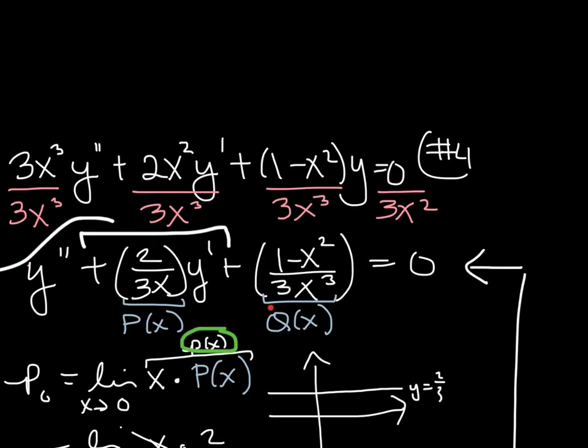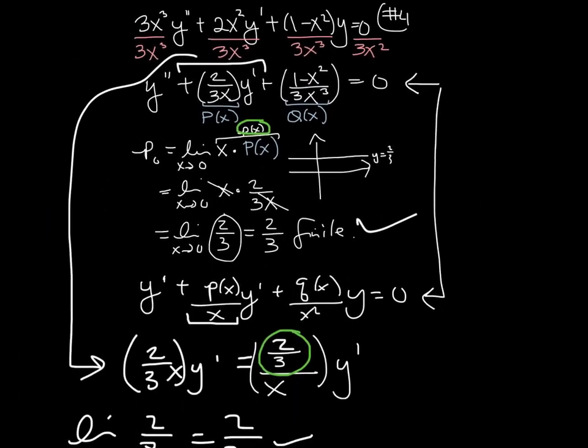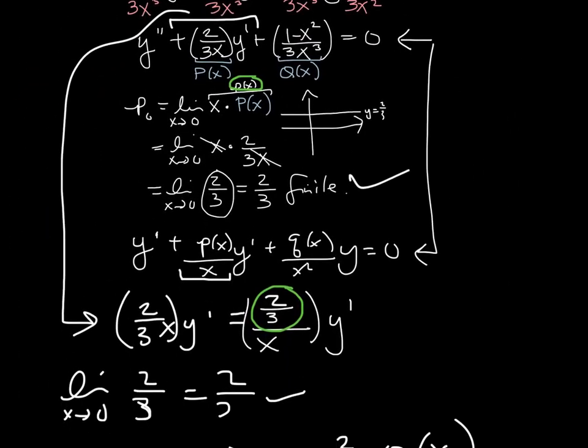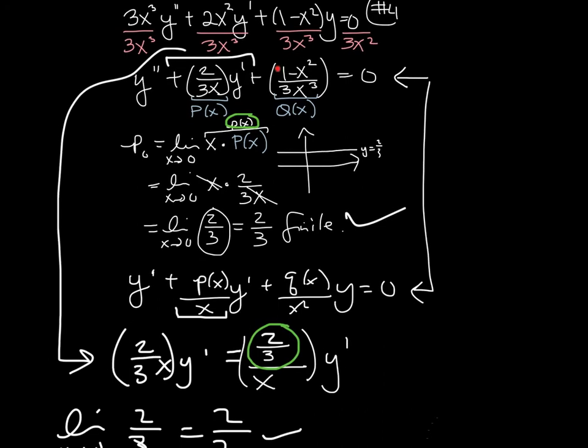Here's my Q of x, so hopefully you can see my pointer here, and there's my expression. I have a little Q of x. Can I maybe manipulate this so that I only have x squared in the denominator, and then whatever's left over is my Q of x?